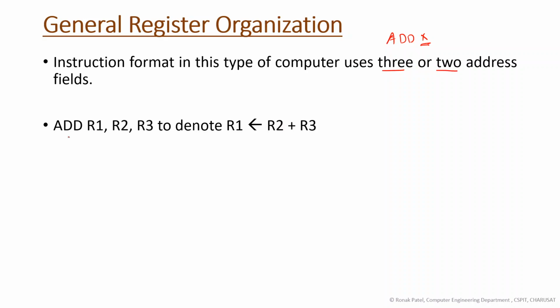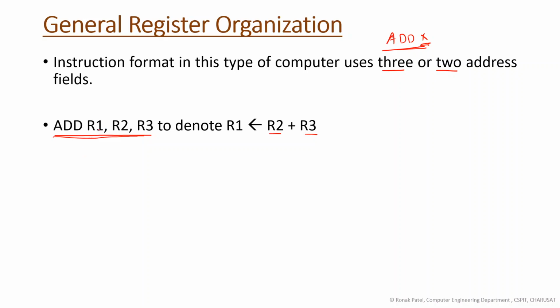So add R1, R2, R3: if I want to perform this operation, R2 plus R3 is added and the value stored in R1. I need to specify the instruction like this: add R1, the destination register, comma R2, the first operand, comma R3, the second operand. This is the general register organization. You can see this length is smaller and this is the larger length.